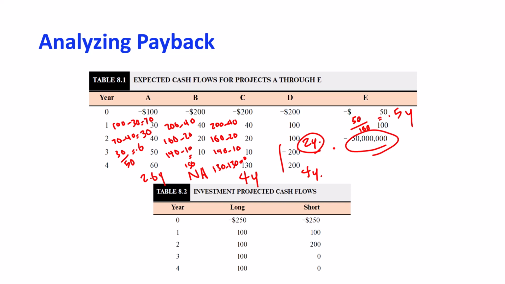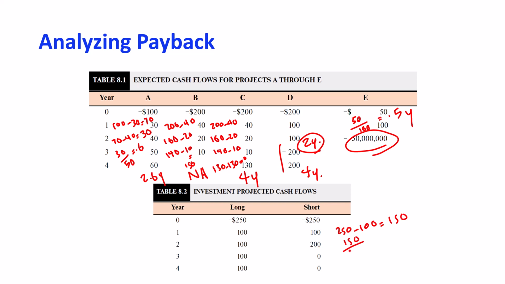Now let's look at two different projects here. We have one project that has a long-term view, and then the other one has a short-term view. In this one, the payback period would be 250 minus 100, which is 150. So we don't need all of the second year's cash flow.